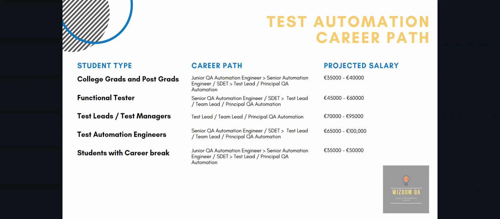What I have seen is a functional tester who is starting in automation can easily crack something between 65 and 75, if you have 2-3 years of functional testing experience and you are converting that into automation, showing that you have worked in both functional testing and automation more or less.